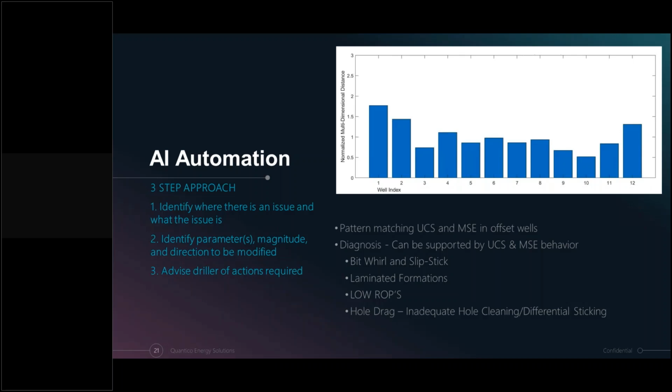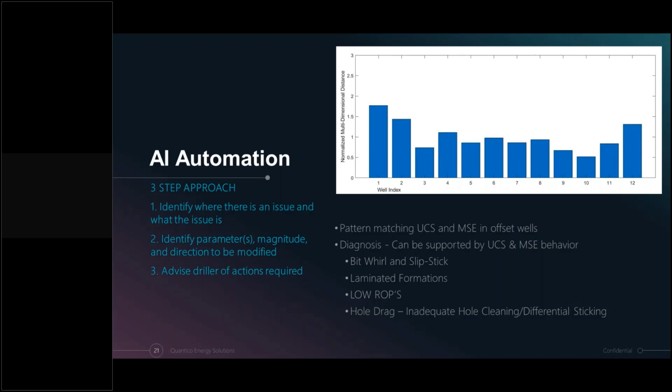What this visual represents is basically taking offset wells and taking properties like UCS and MSE and EDR data, et cetera. You normalize them across all the wells, you vectorize them, and you do pattern matching. The higher the value on this y-axis, the more distant that pattern match is.